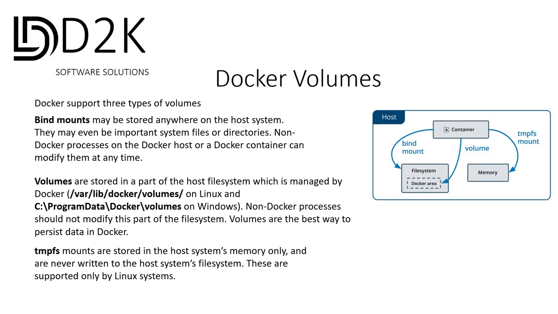No matter which type you are using, both behave the same way. The only difference between bind mounts and volumes is that volumes are stored in a specific path, while with bind mounts you can give any path in the host system to store the data.